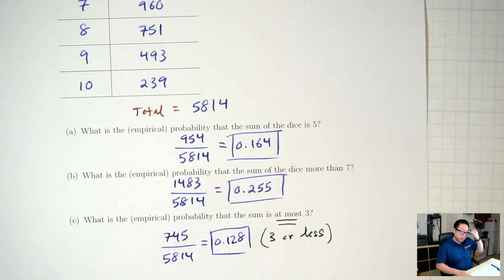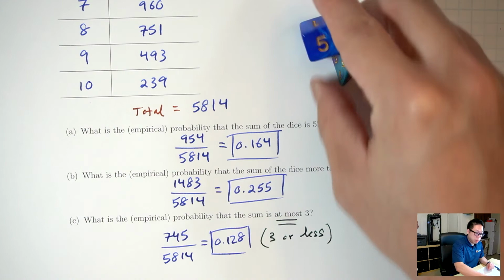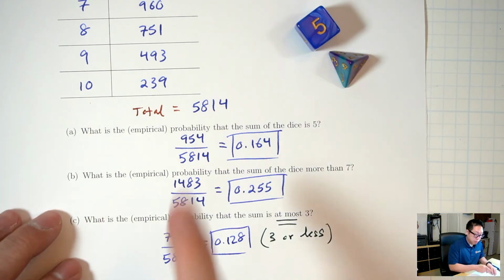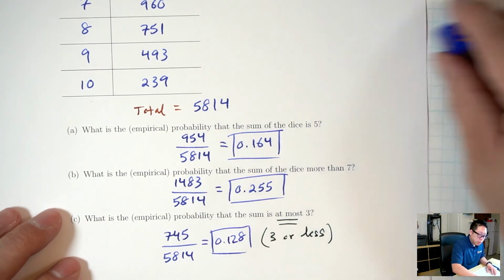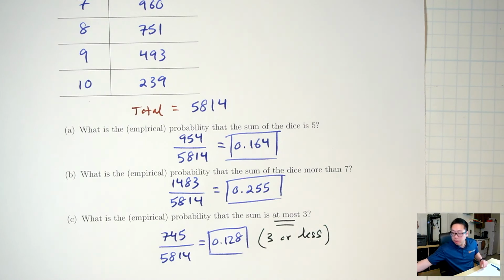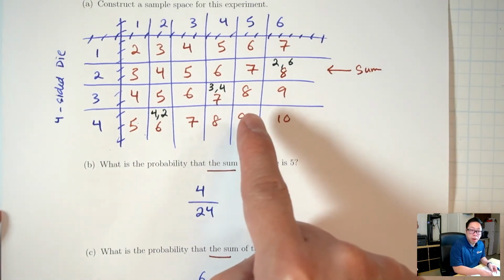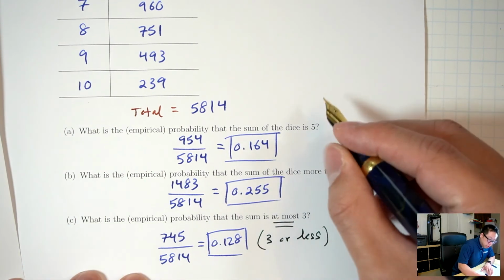Okay, so now I'm curious. These are answers I get by actually rolling dice many times, 5,814 times. Compare that to the answers I got in example 3 by not rolling any dice, but from just thinking about all the things that could happen.